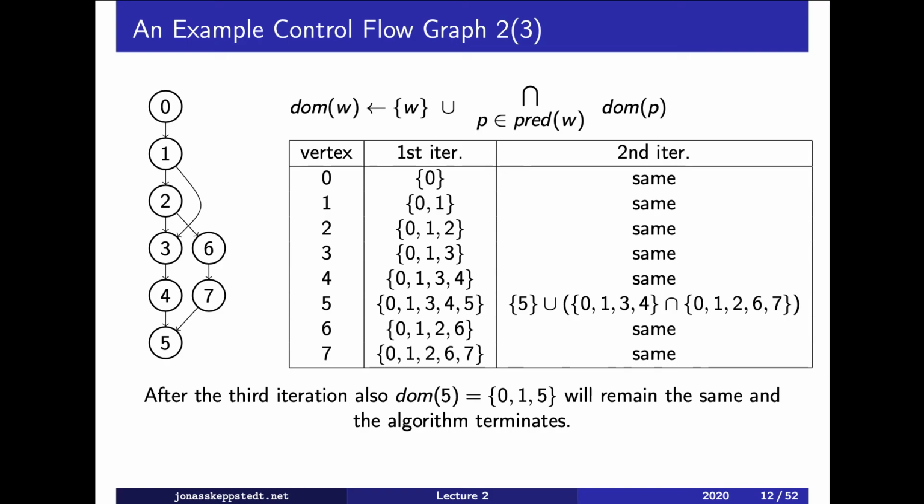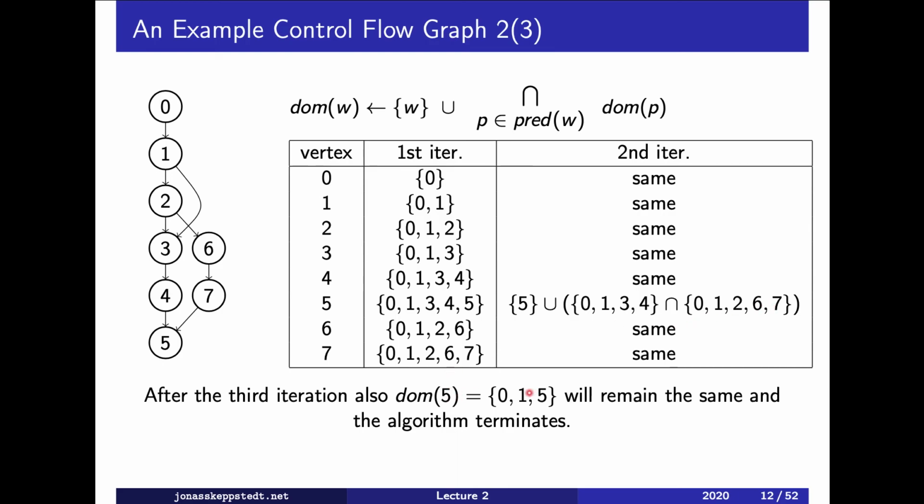So in the next iteration, we see that 5 is changed, and it has now the intersection of this. So what is that? It's 0, 1, and 3, 4 are removed since they are not present there, and 6, 7 are also removed.